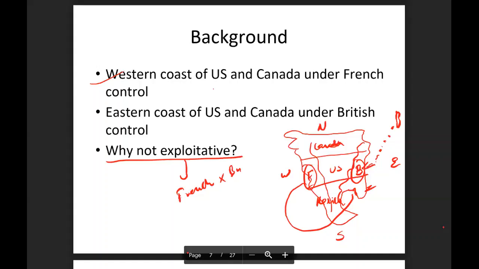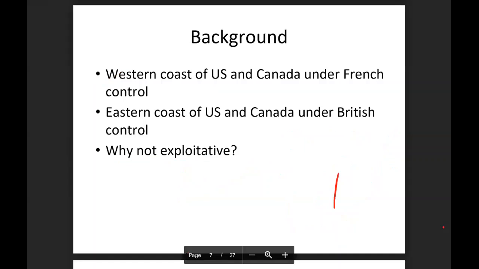We know all the Anglo-French rivalry, the Carnatic Wars, the Seven Years' War. So the British were scared that the French would come and help the Americans, so they were not exploitative. They were mild. Colonization was there, but they were not as ruthless as they were in India. That is why they were not exploitative.